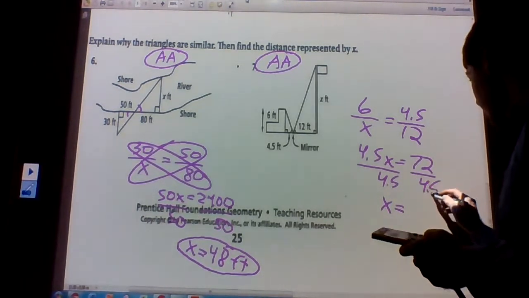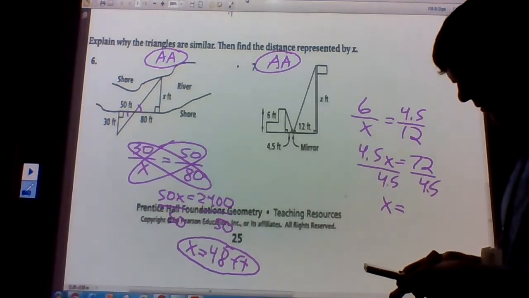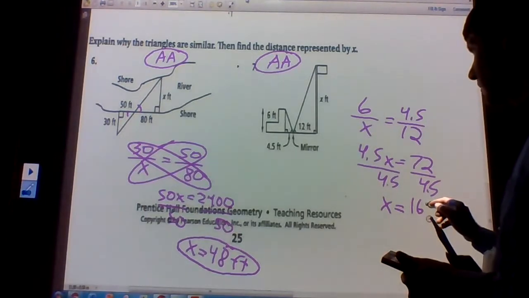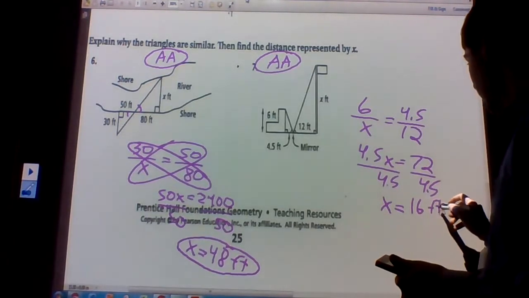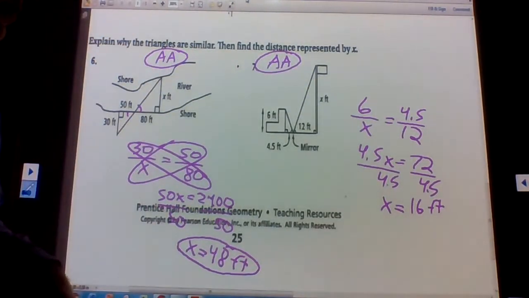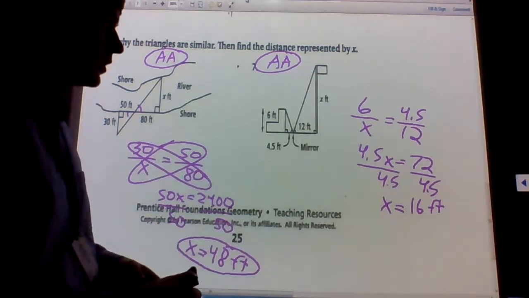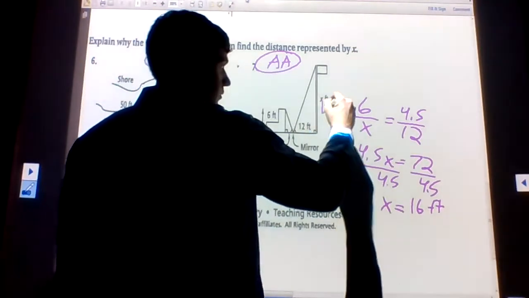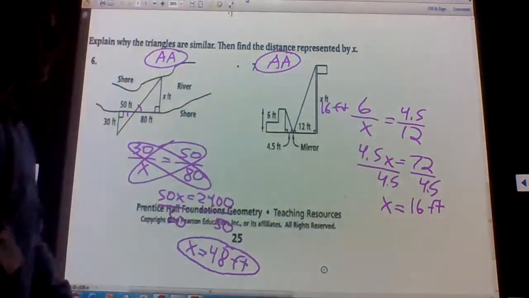I don't know why I wrote 4. 16 feet. Alright, and we can check our answer. So 6 divided by 16 should equal 4.5 divided by 12. And they do. So we're good. 16 feet. The flagpole is 16 feet.